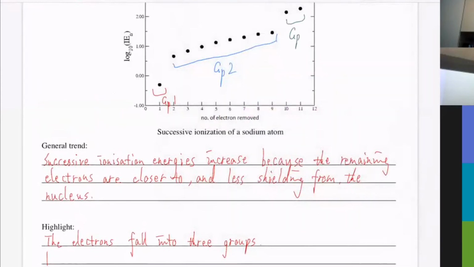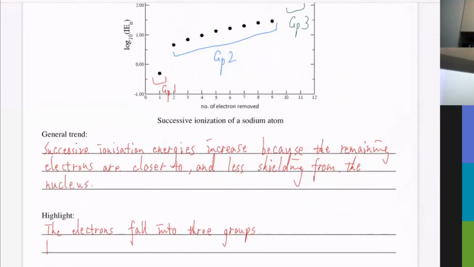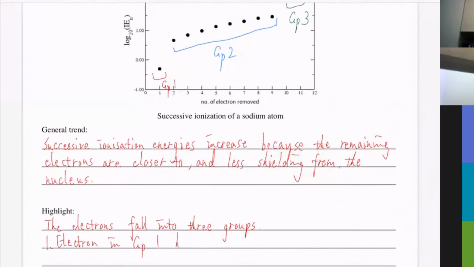That's group 3 we have. So electrons in group 1 have the lowest ionization energy.